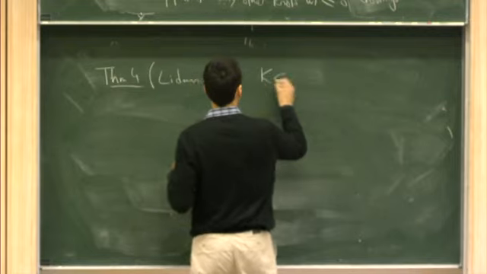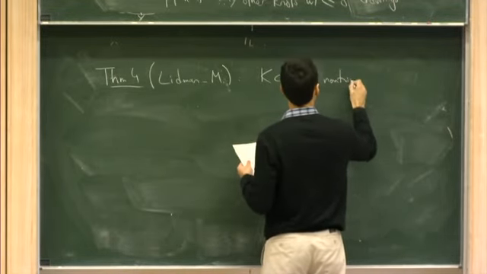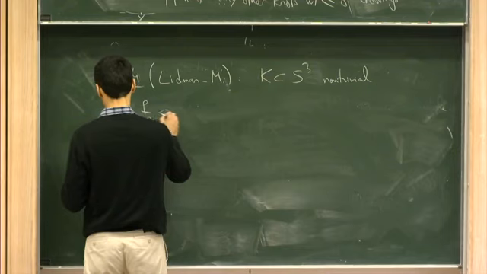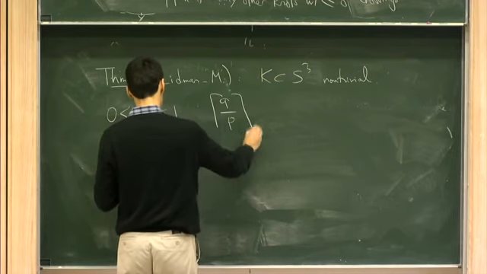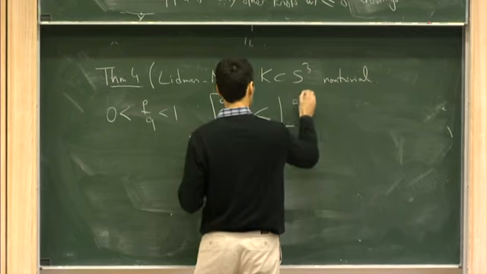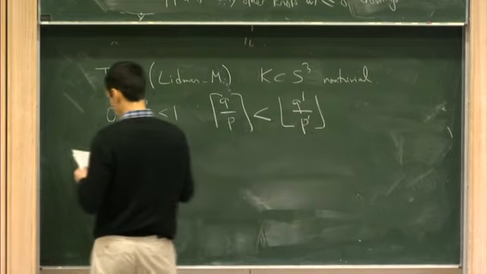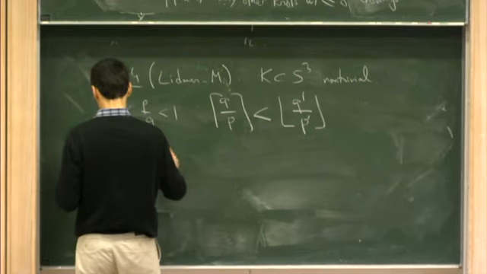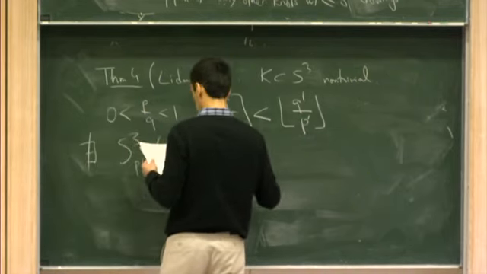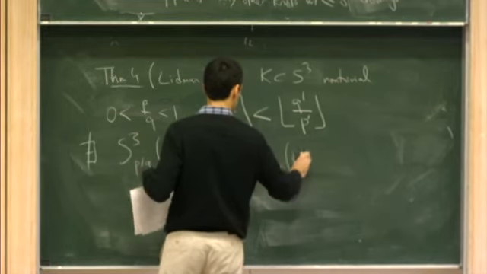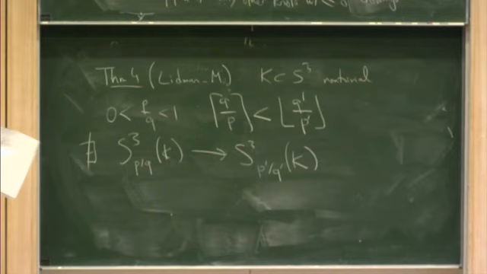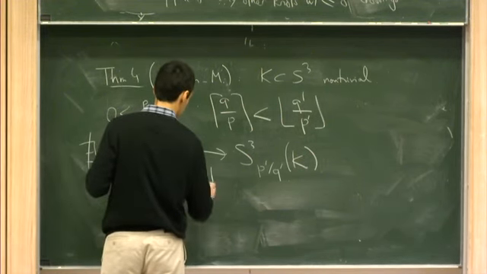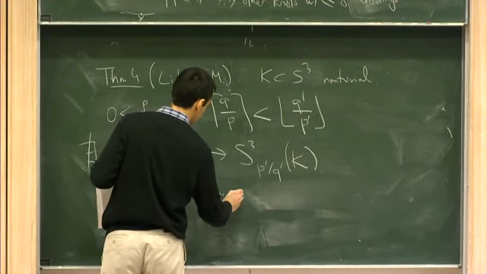Let K in S3 be non-trivial, with 0 less than p over q less than 1, and the ceiling of q over p less than the floor of q prime over p prime. Then there is no possible cover between the p over q surgery on K and the p prime over q prime surgery on K when this is an n-to-1 regular cover.